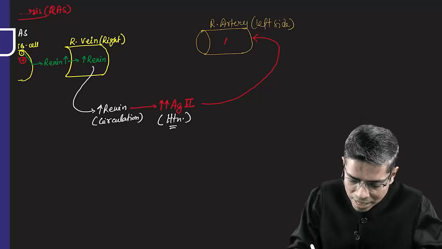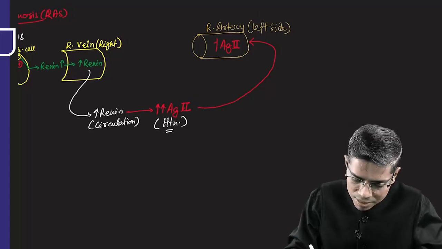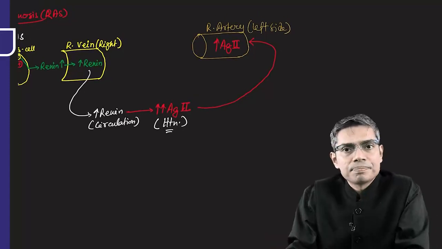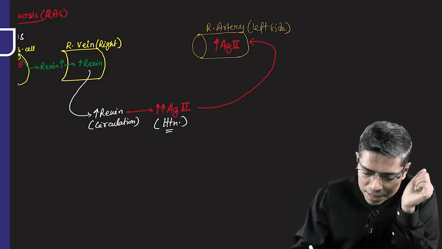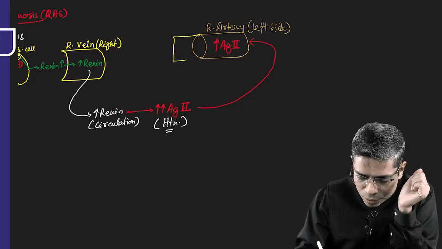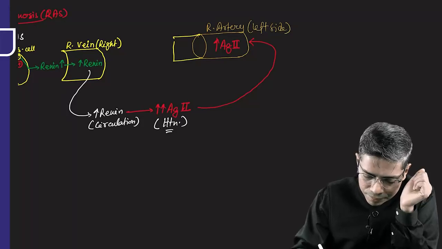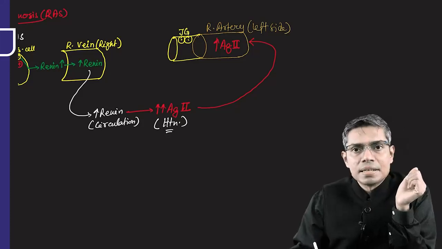Huge amounts of angiotensin 2 will also reach the left side of the renal artery. Now this angiotensin 2 will ultimately reach the JG cell, because I told you already that this renal artery will give rise to this afferent arteriole. So these are the JG cells of the left side, right?